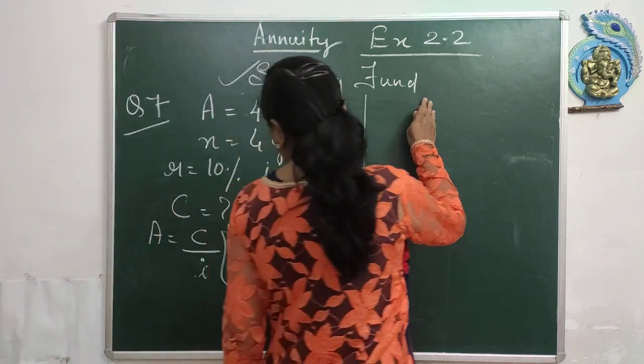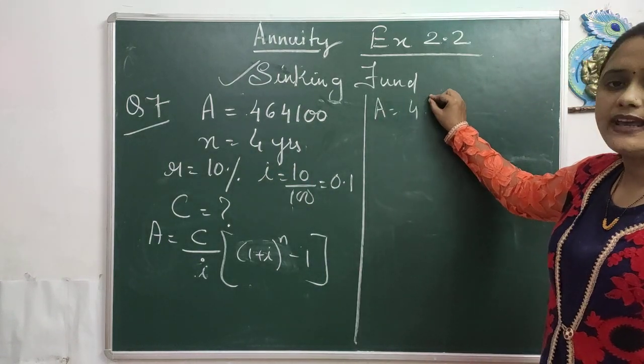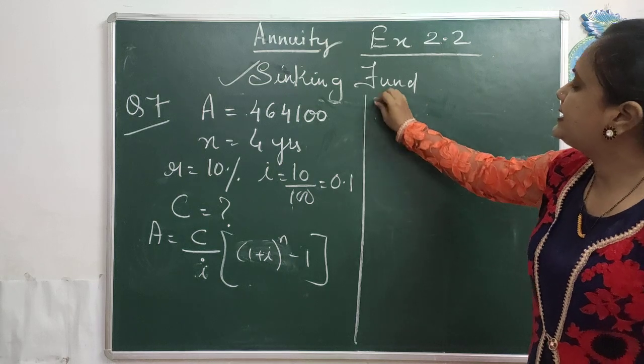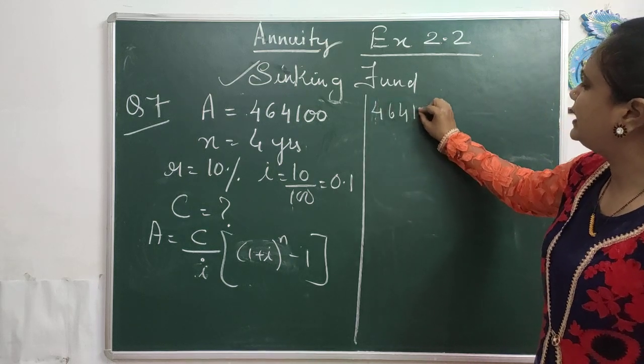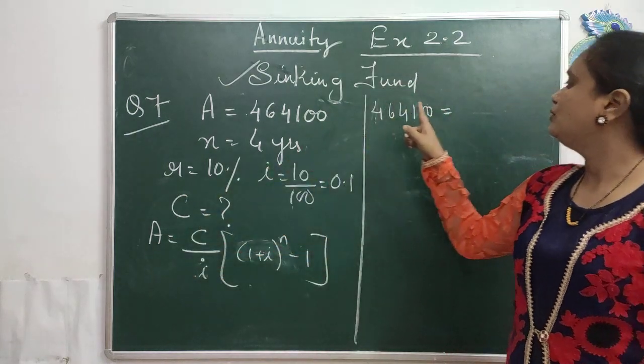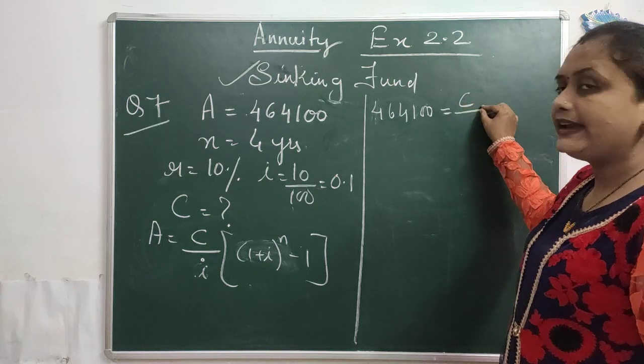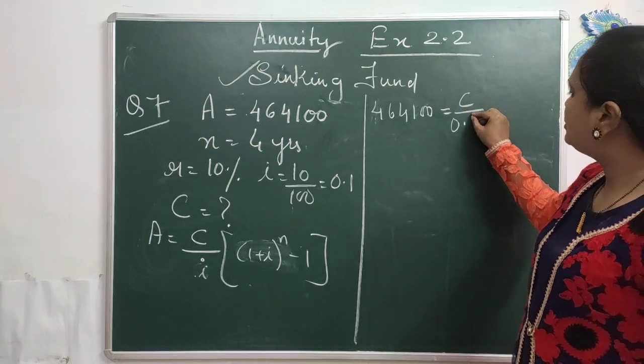Okay, so here just write down the values, that is 4,64,100. A is equal to 4,64,100, A दिया हुआ है, so in place of A you will put 4,64,100, then C you have to find. Okay, then I is 0.1.